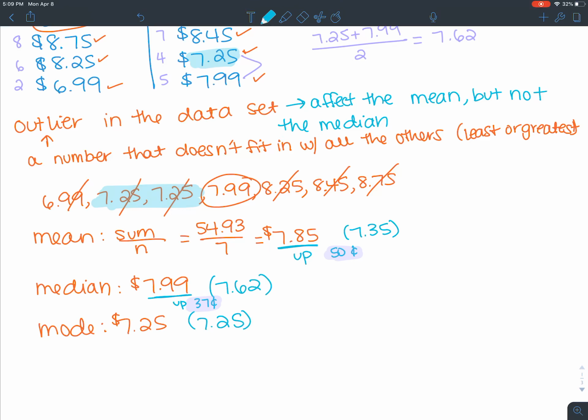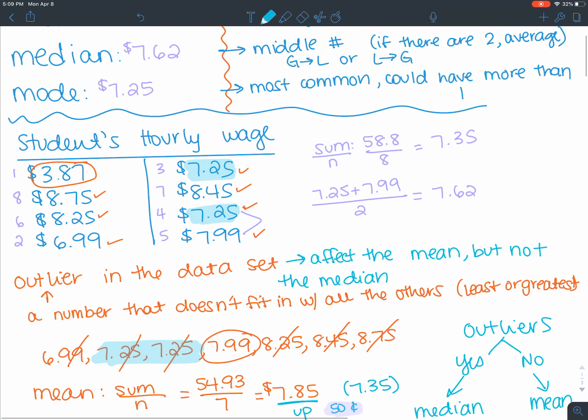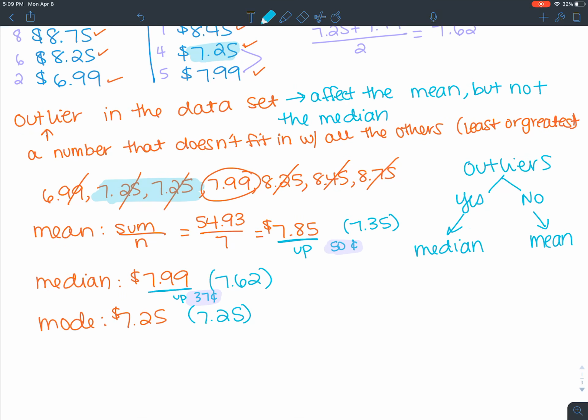If we have outliers, and the answer is yes, then we want to go with the median because it won't be affected. But if the answer is no, then we can go with the mean because it will take into account all the numbers. The one last thing is, what do you think would happen if I increased all numbers by 40 cents?